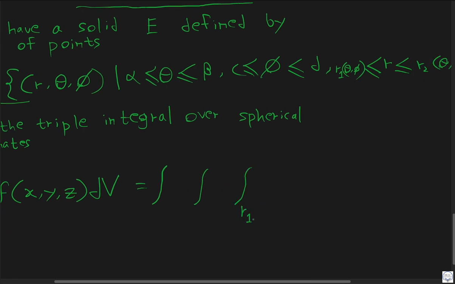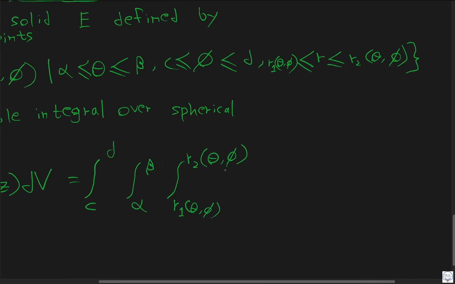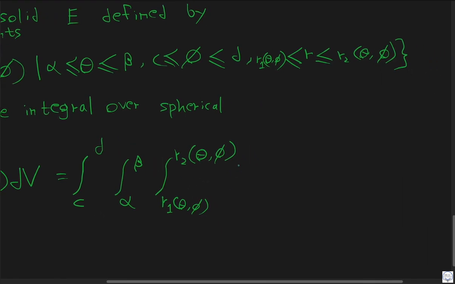The r limit is from r sub 1 of theta comma phi to r sub 2 of theta comma phi, and our phi is from c to d, theta is from alpha to beta. I've written in this order so that the order at which I'm doing the integration is obvious.